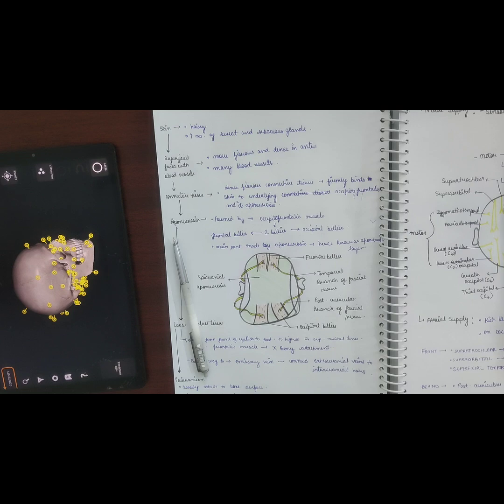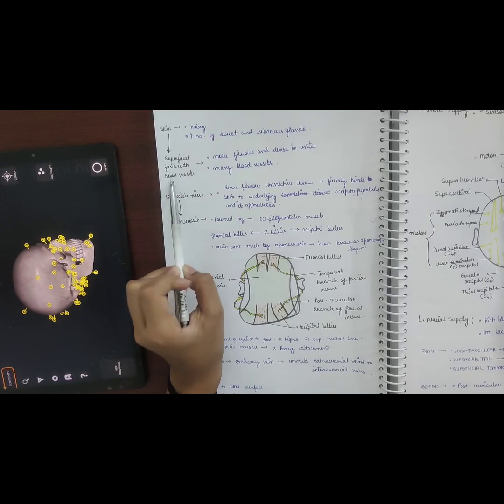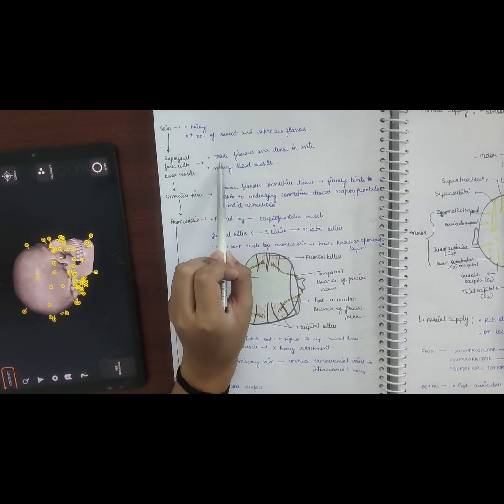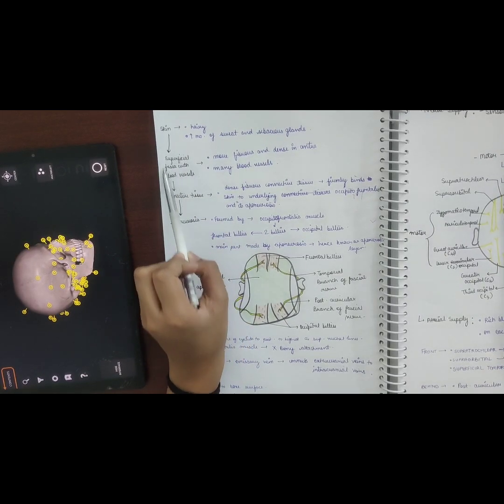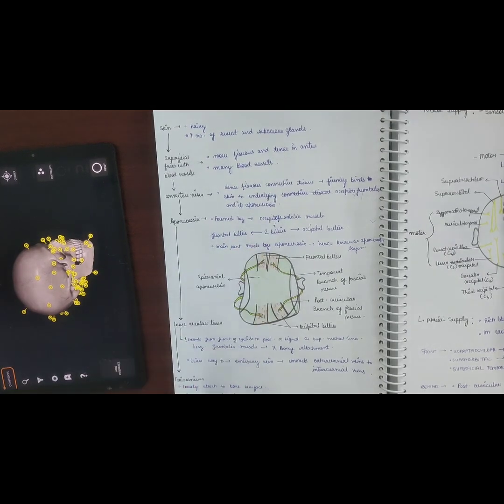Then below the skin, we have the superficial fascia with blood vessels. These fascias are fibrous and dense in the center, and they have many blood vessels in them, right?